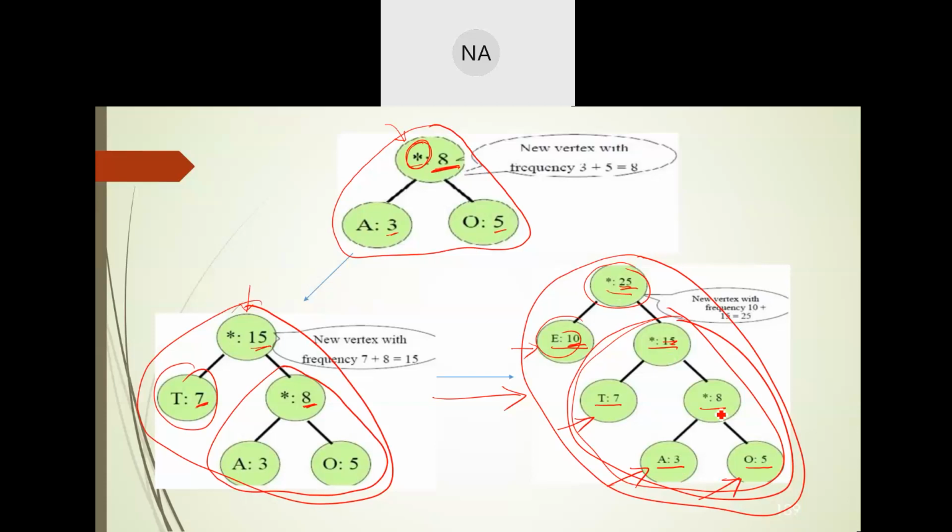Those internal nodes do not correspond to any character. You can also notice that the number of children for a node is either 0 or 2. For all the internal nodes, the number of children is 2, and for all the leaf nodes, the number of children is 0. So this is an extended binary tree.